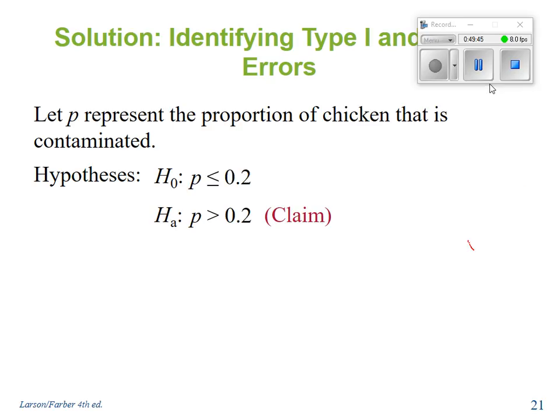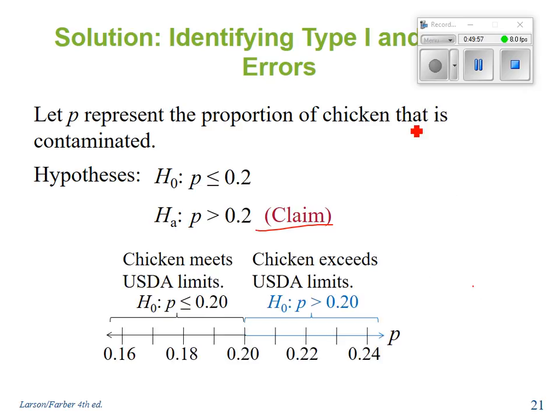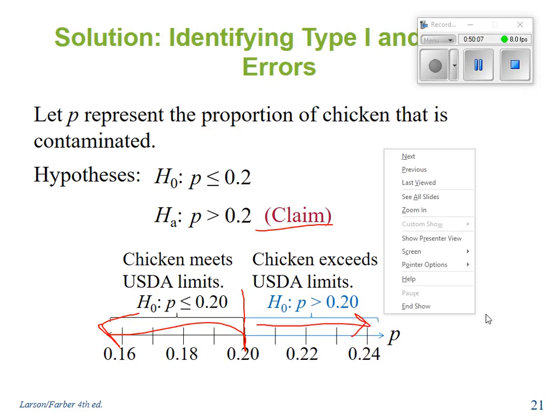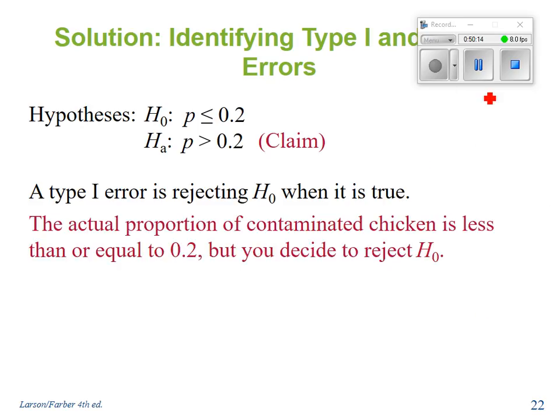So we did all that. P is less than or equal to 0.20. And again, I was wrong the first time because we were going off the meat inspector's claim. So here, this is the chicken's okay, chicken's not okay. Type 1 error, we reject the null when it's true.